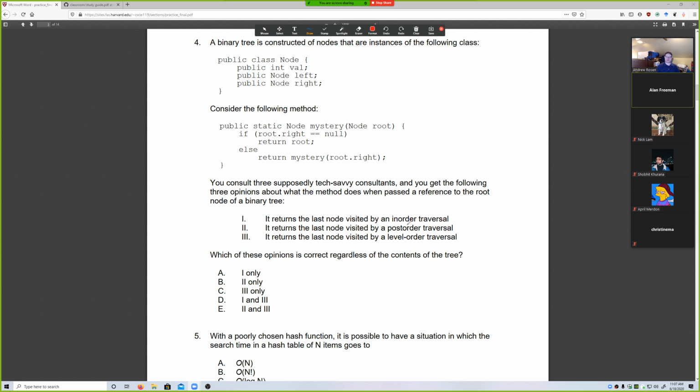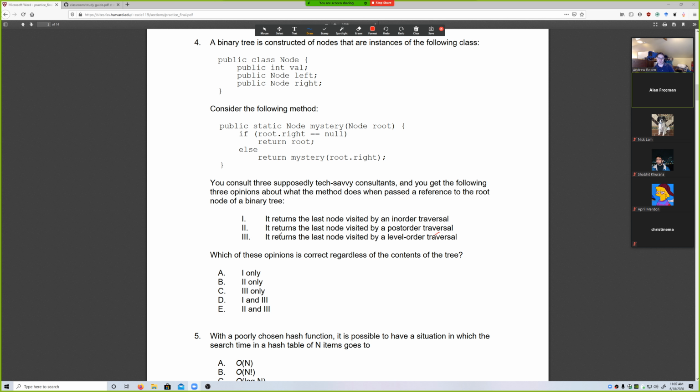So we hire 3 consultants, and we get the following 3 opinions about what the method does when it's passed a reference to the root of the whole binary tree. Consultant 1 says it returns the last node visited in an in-order traversal. Consultant 2 says it will return the last node visited by a post-order traversal.